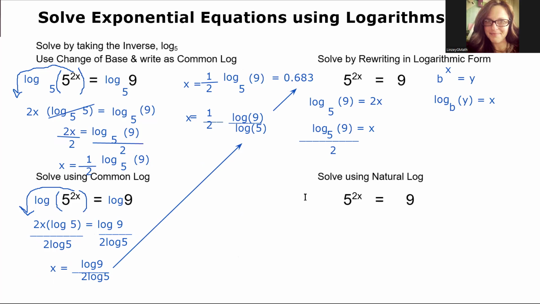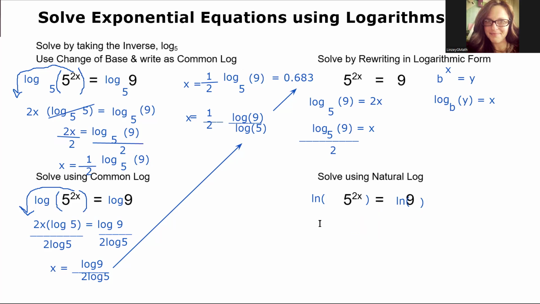And last but not least, for good measure, I'll solve using natural log, a very similar process to using common log. So depending on what the solution is looking for, natural log of 9, and then we'll divide.